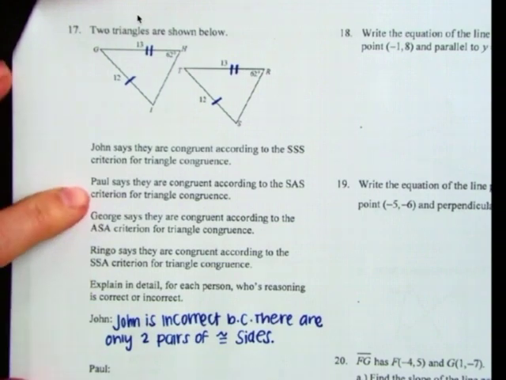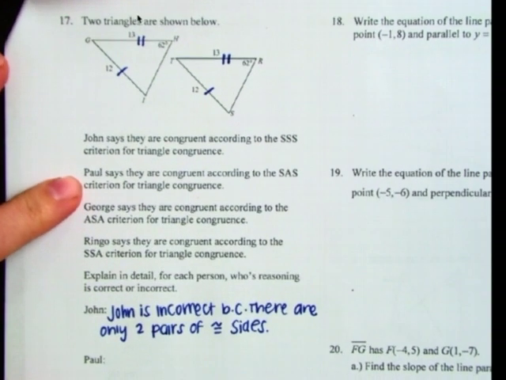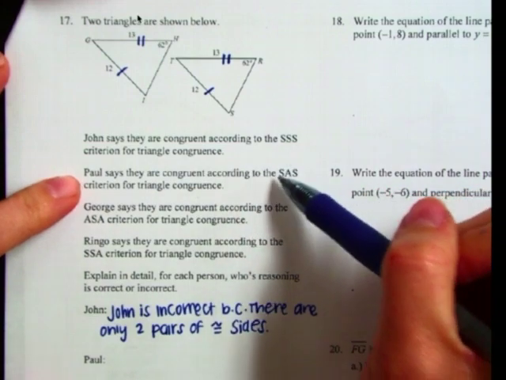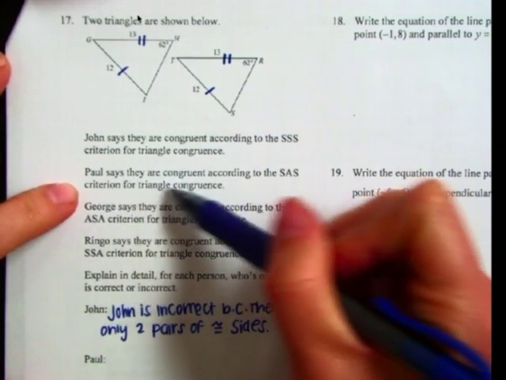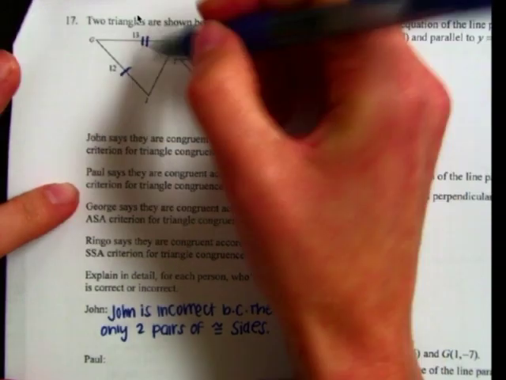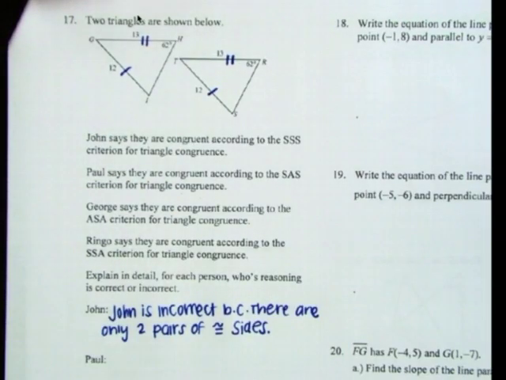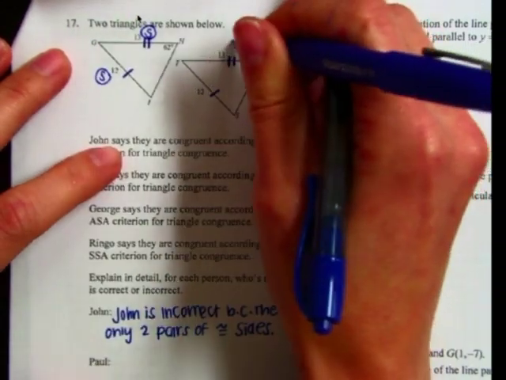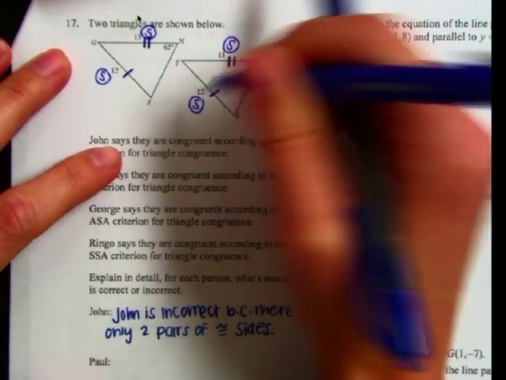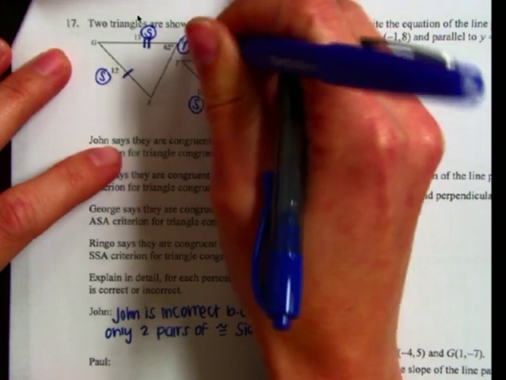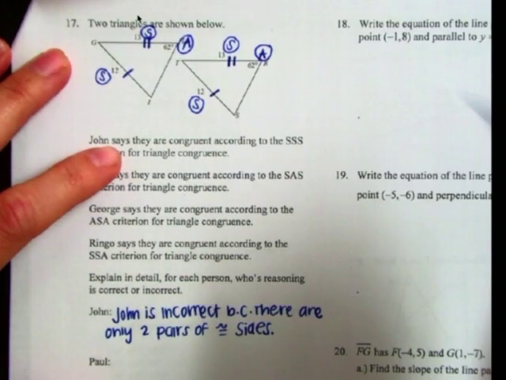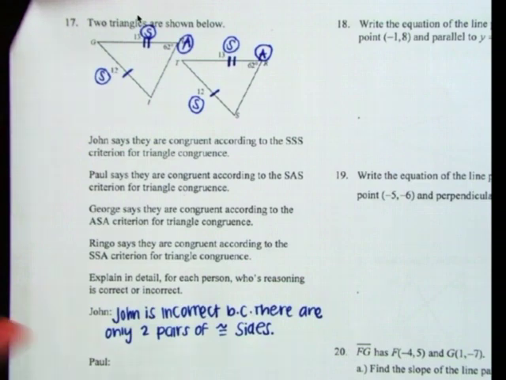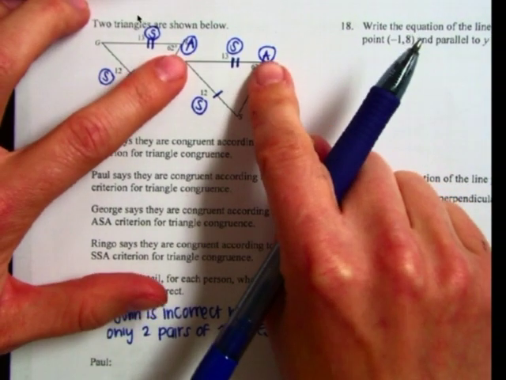All right, Paul. Paul says that the triangles are congruent according to side angle side criterion for triangle congruence. So if you look at these triangles, we do see that we have 2 pairs of sides. I'm going to mark those up. And we have an angle, but that is not an included angle.